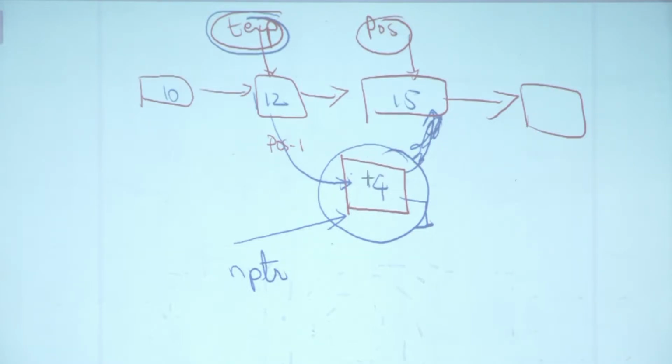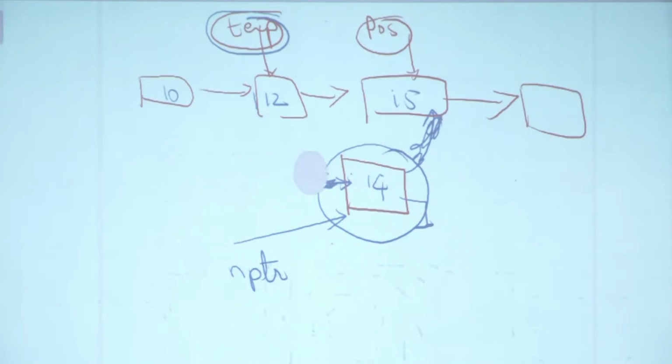So nptr has the data, its next is null, and we don't even have this guy pointing to here. Right now, temp is here, temp's next is this guy, where I want to insert, that means this guy has to come here and this guy has to move ahead. So this 14 has to be brought in, nptr is pointing to 14. So the reality of our situation currently is this.